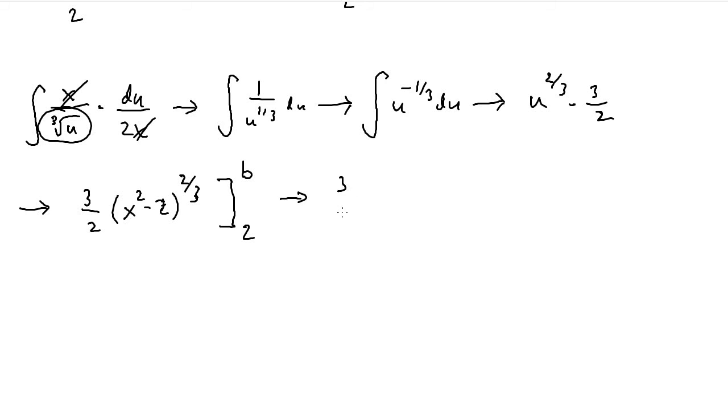So I get 3/2, and I put it in the bracket. Now I can evaluate what happens when I plug in b and when I plug in 2. So when I plug in b, I get b squared minus 2 to the 2/3 power, minus what I get when I plug in 2. 2 squared is 4, 4 minus 2 is 2, and 2 to the 2/3 power will be the cube root of 4.